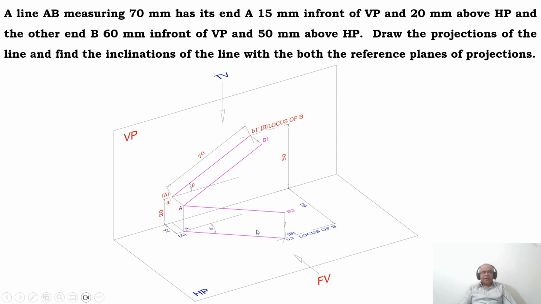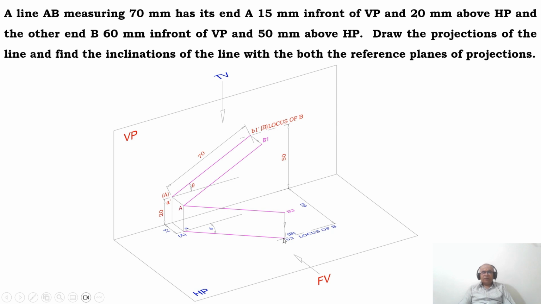But in this case, remember, he has given the locus of points of both A and B in front view and top view, and he has given the true length line. What is the locus of B? The locus of B is the position of the end point B. Both the true length and the view length are going to lie in the front view as well as in the top view.